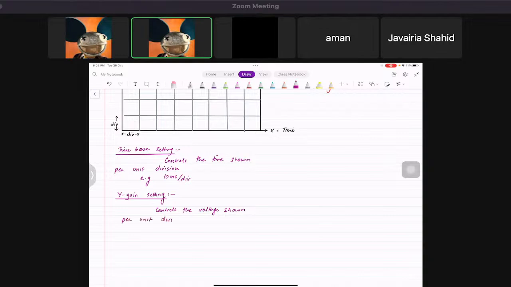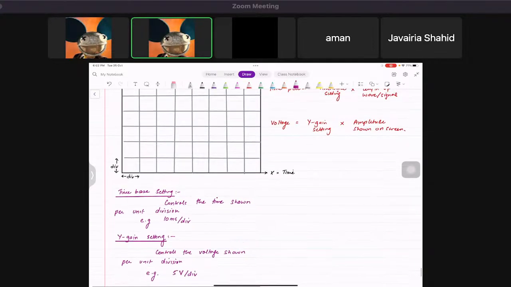So you can actually change this. There's a knob on it, but of course in reality you might use it in your university then. For example, you can set only 5 volts to be shown on one division. It could be 10, it could be 15, 20, whatever you want. Is it clear? Yes.